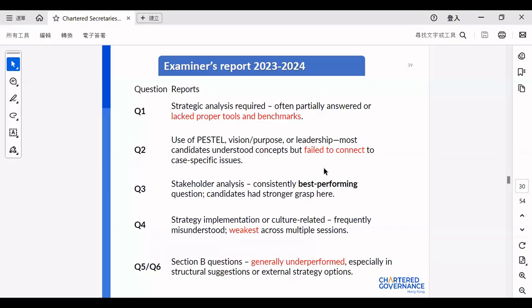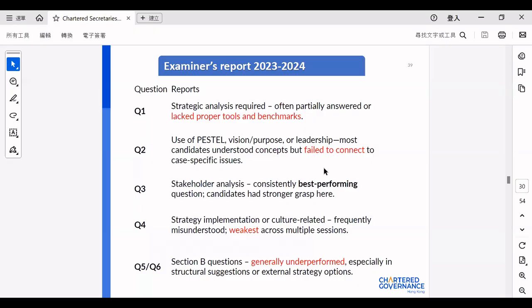Stakeholder analysis is easy, and many students perform very well on it. They know it quite well, so it's not a big problem for most of you. Strategic implementation and culture-related things are frequently misunderstood and are the weakest across multiple sections. I've told you earlier that culture will invariably be asked in the examinations.